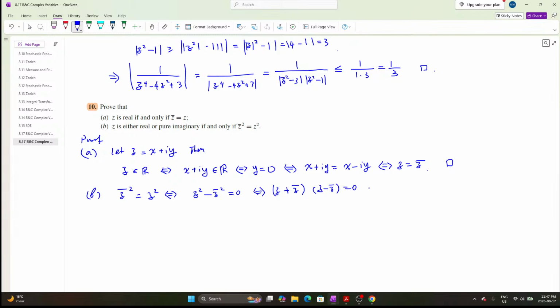So you can write this as 2 times the real part of z, and then times 2i times the imaginary part of z, equals 0. Therefore, this is the same as the real part of z equals 0, or the imaginary part of z equals 0.